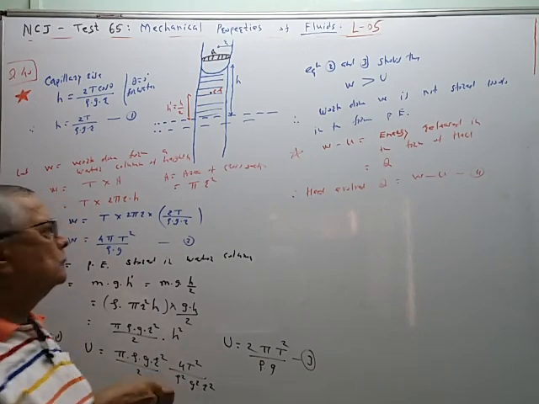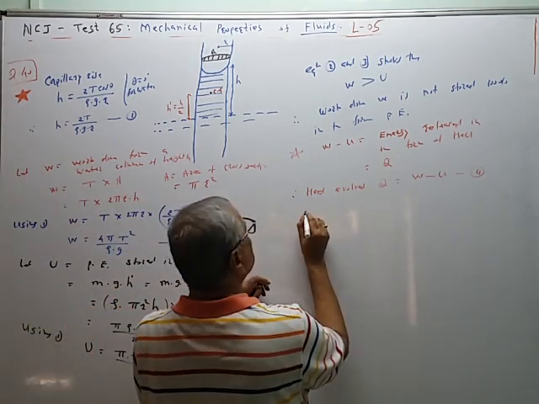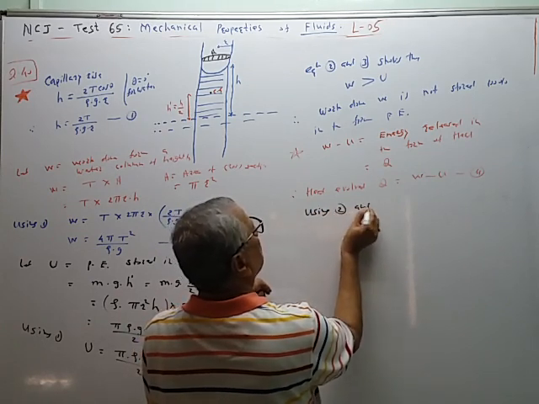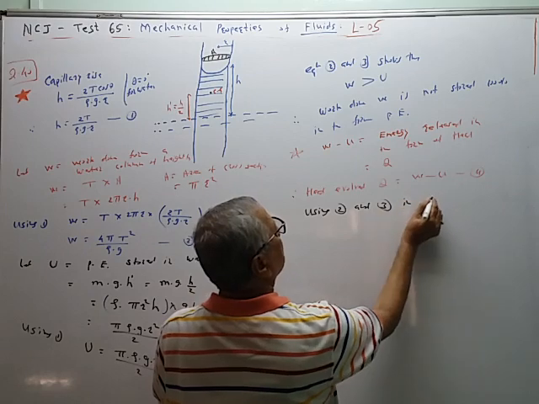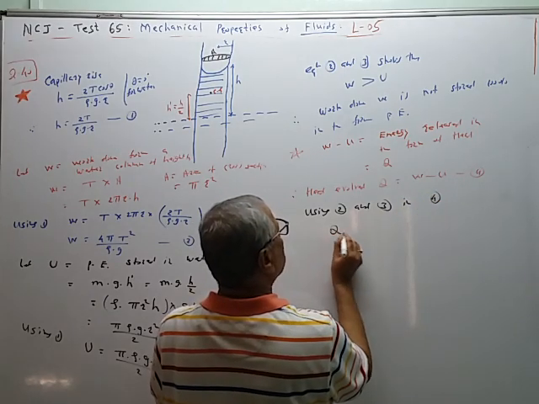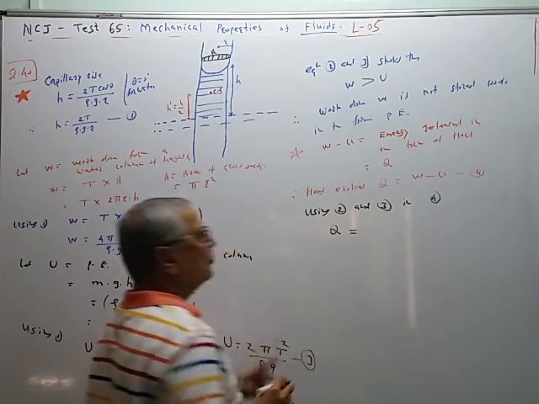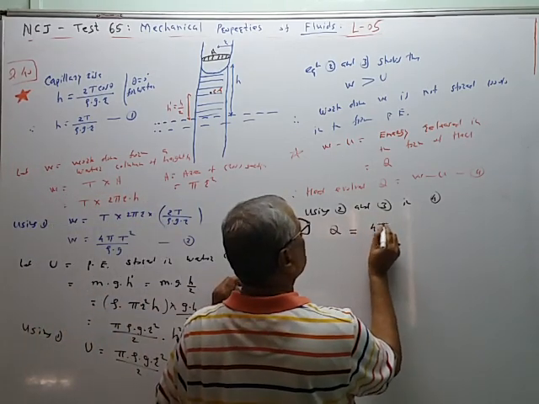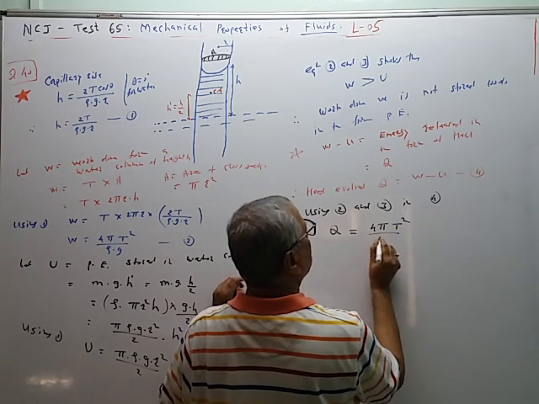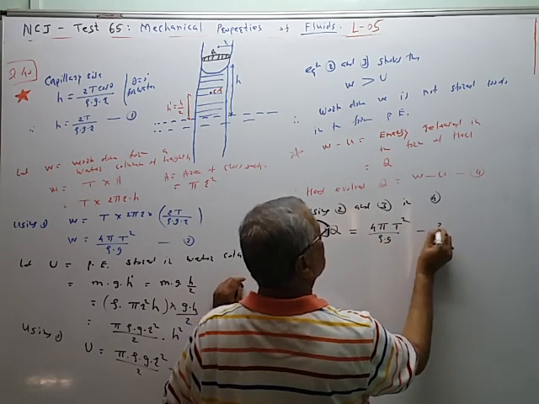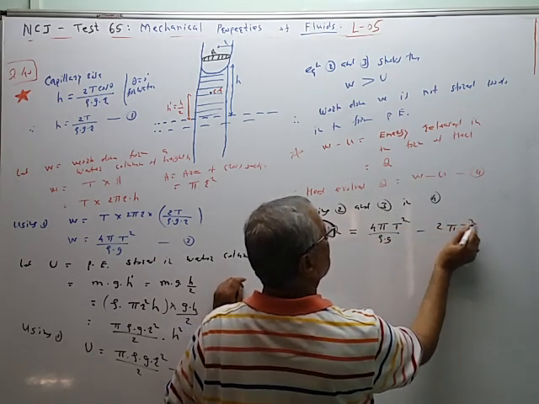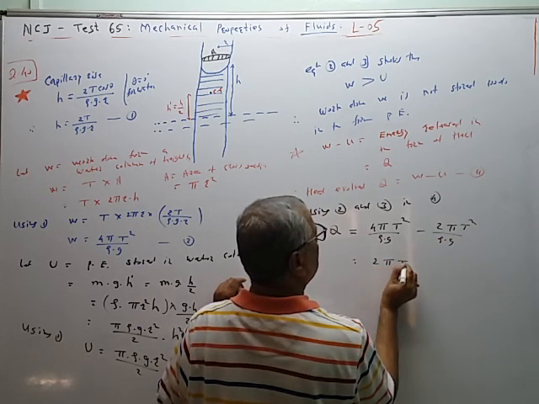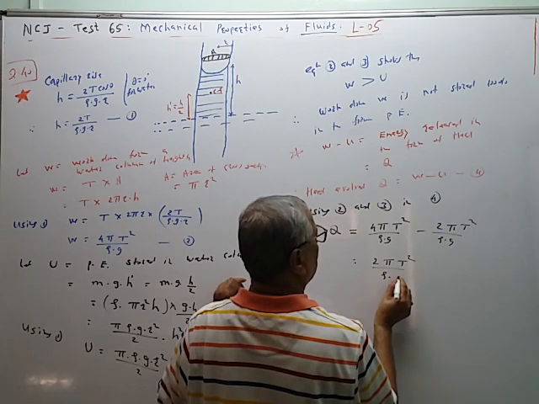So, using 2 and 3 in equation 4, the amount of heat energy involved is equal to W minus U, which is 4 pi T square upon rho g minus 2 times pi T square upon rho g. So this is equal to 2 pi T square upon rho g.